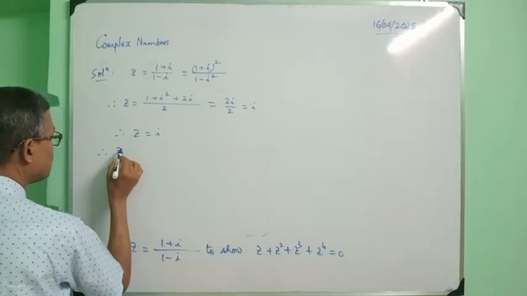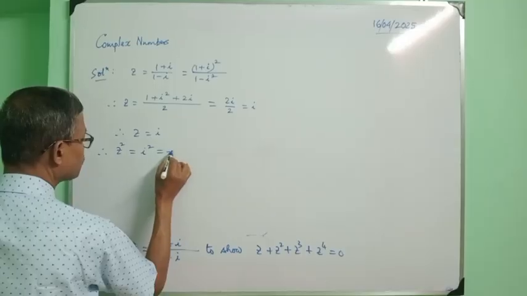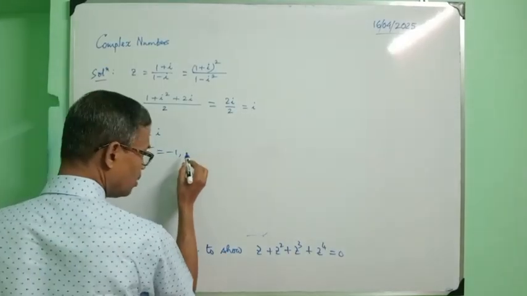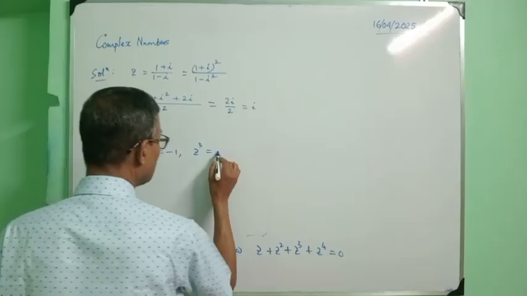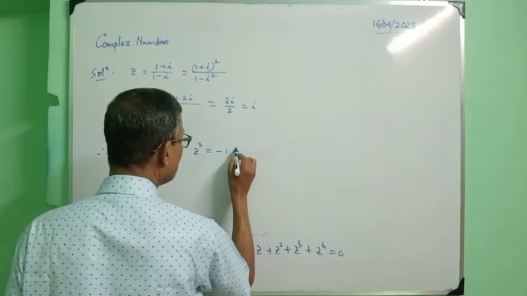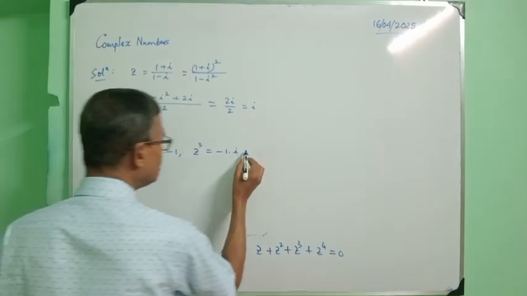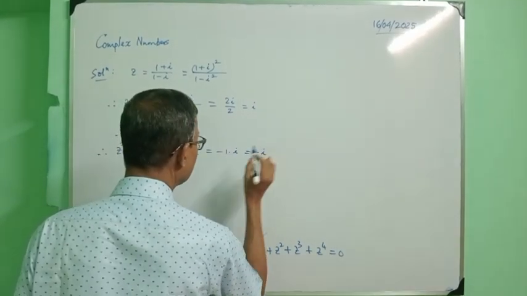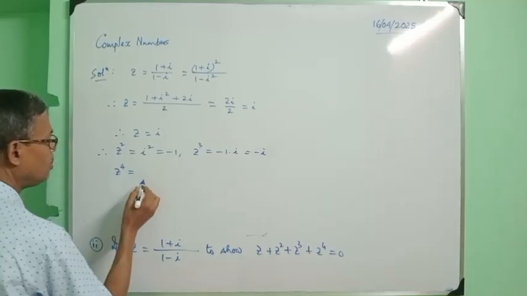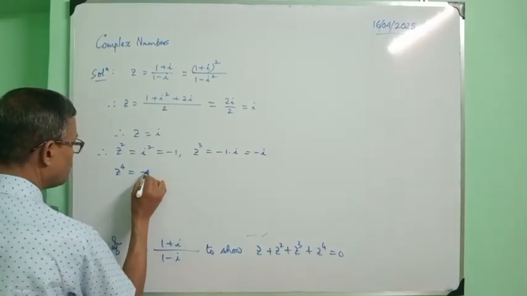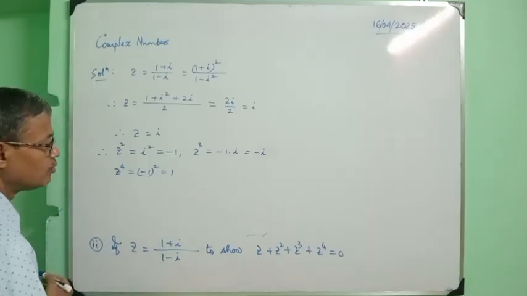Therefore, we can easily calculate z square equal to I square, that is minus 1. Then z cube means minus 1 into I, that is minus I. Z to the power 4, that will be equal to minus 1 whole square, that is 1.